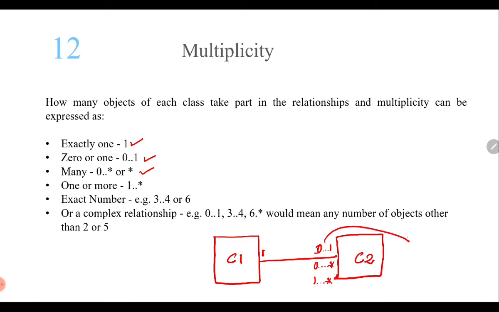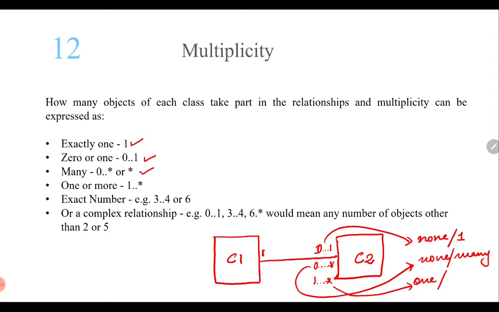This means it can be no association or simply one association. This can be either no association or many associations. This can be either one association or many associations. So in this case there has to be one association, but in the previous two cases, even if it is not associated, it is okay.